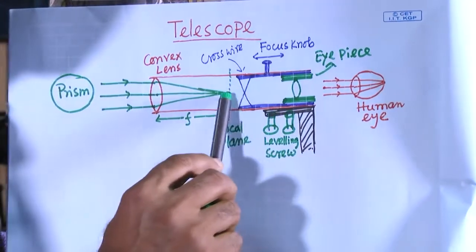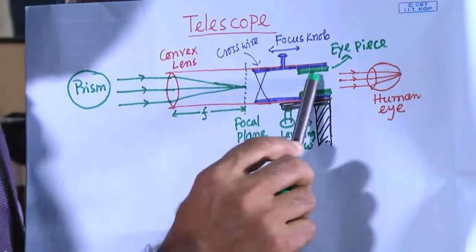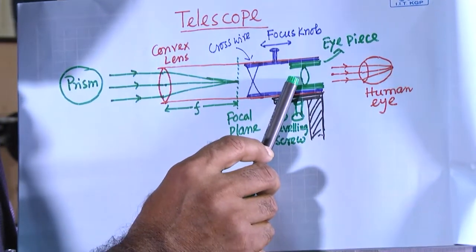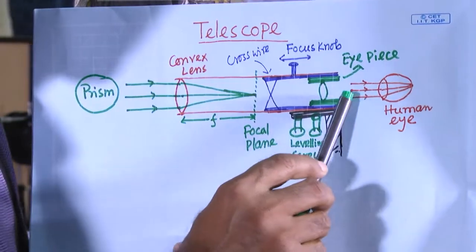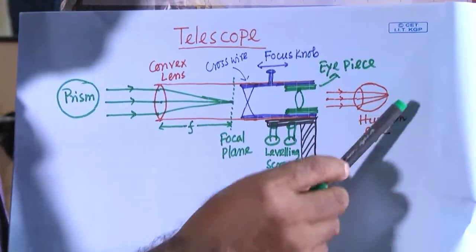From there the diverging light will fall on the eyepiece lens, and from there on the other side we will get parallel rays. That parallel light will enter into our eye and we will see the image.